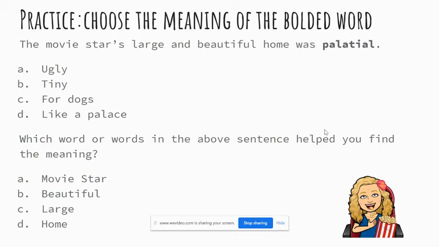The movie star's large and beautiful home was palatial. Did you figure out what that meant based on the words movie star? That's A. B, beautiful. C, large. Or D, home? Which words in the above sentence helped you find the meaning of the word palatial?